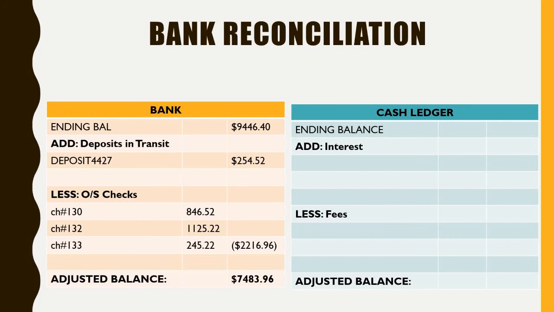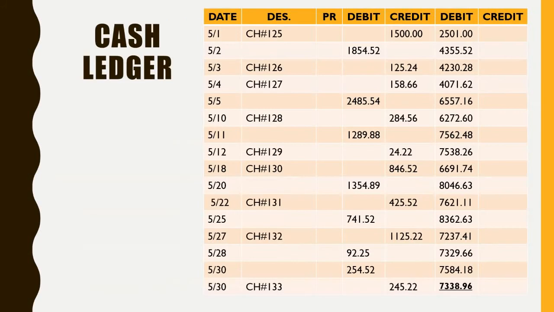Now I'm going to go ahead and move on to my cash ledger side. So the first thing I'm going to start off with is my ending balance that I've recorded in my books. Usually with your cash ledger, you would know your ending balance by going all the way to the bottom of your ledger, and it should be whatever's on your debit or credit side.